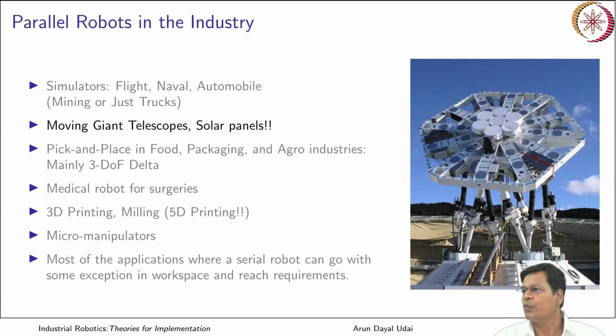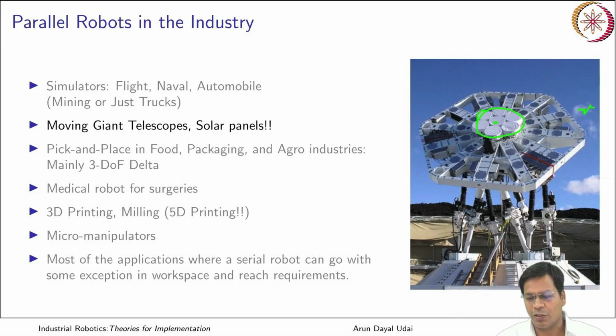And moving giant telescopes. Telescopes require very precise location of the top sensors. That is to be located very precisely and oriented very precisely, because even an error of a fraction of a degree over here can have a huge displacement when it actually sees any object in space because of the distance.